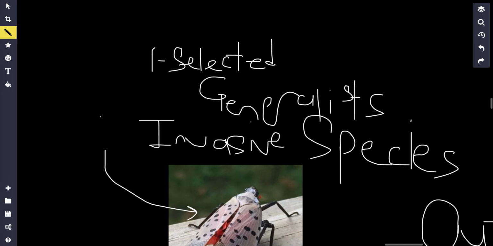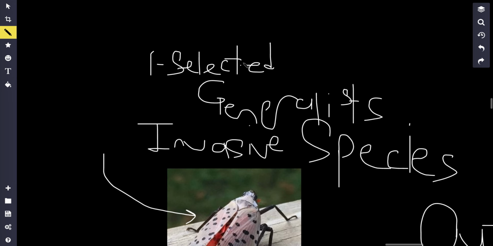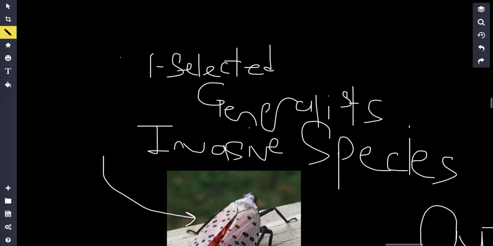Let's say, for example, a spider, right? R selected species are usually pretty small, and what spiders do is they reach sexual maturity, reproduce, and provide little care for their children because they have so many children in the first place. You're just hoping that some of their children will survive, pass on their genetics, and live.